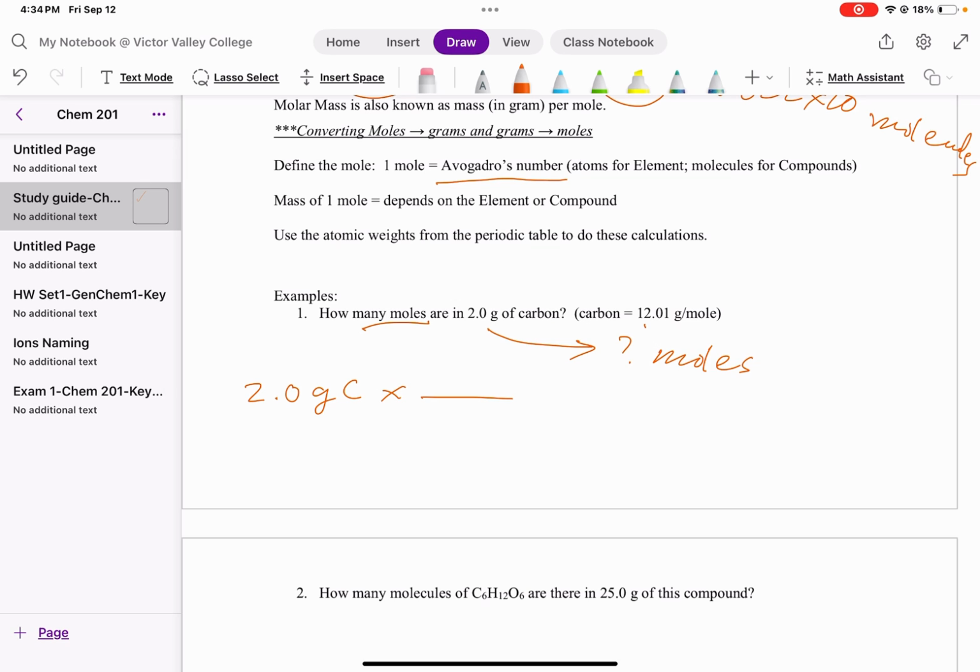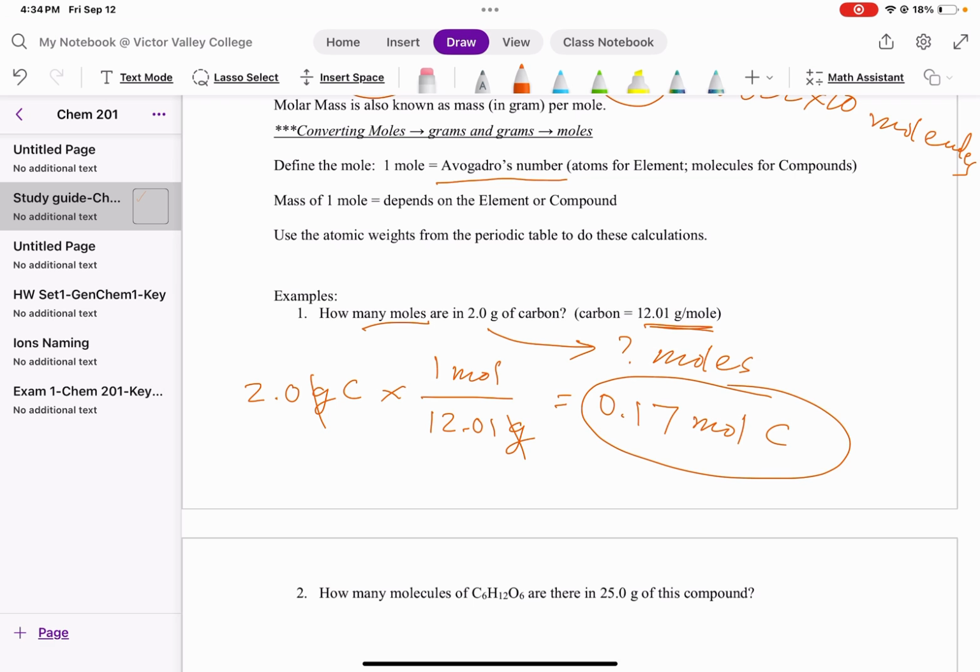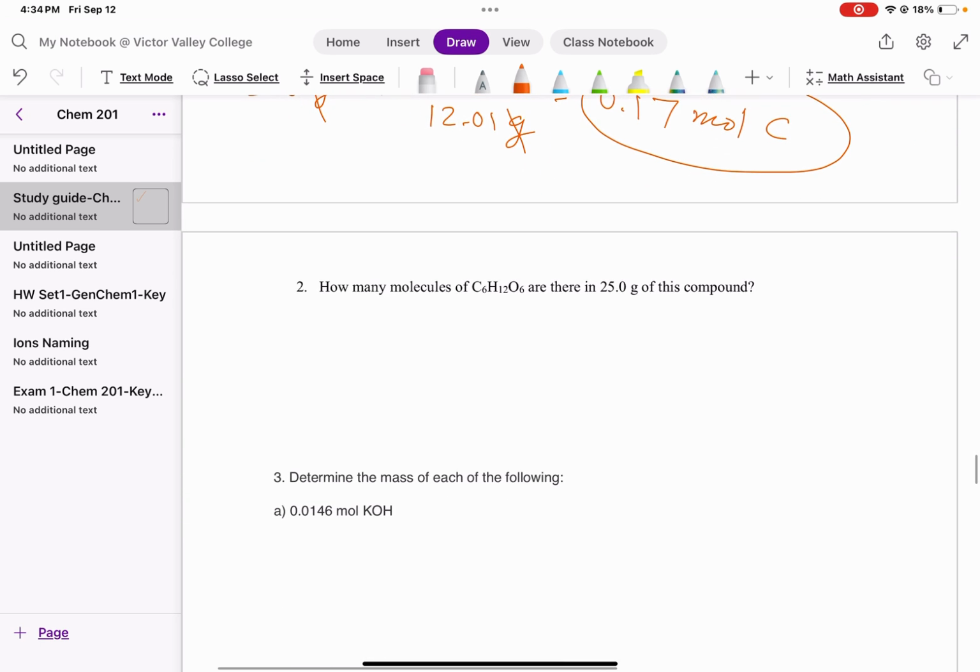It's actually given right there. 1 mole, that's what atomic weight means. 1 mole equals 12.01 grams. That's what it means. You take 2 divided by 12.01, you should get 0.17 mole of carbon.